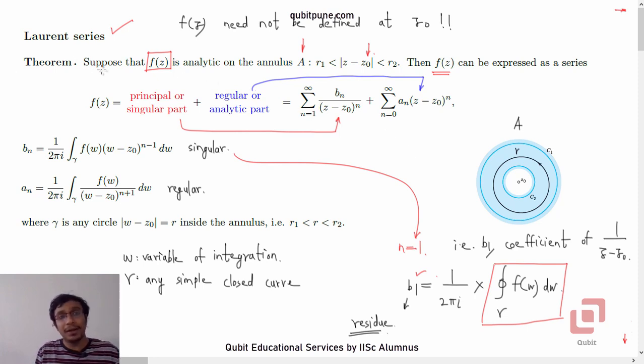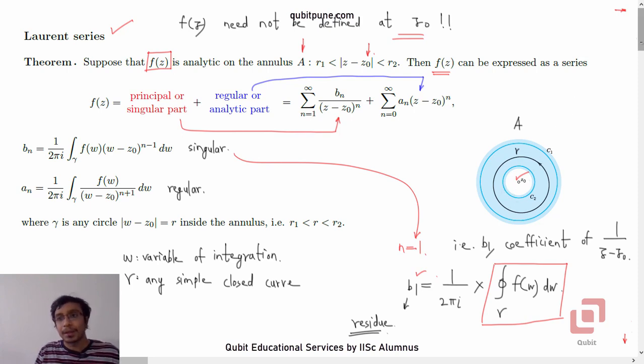However, for Laurent series, when you are expanding the function f of z, as per the theorem, inside the circle mod of z minus z naught less than r1, the function need not be defined at all, but still you can get a Laurent series about that particular center. So this is yet another difference between the Laurent series and the Taylor series.